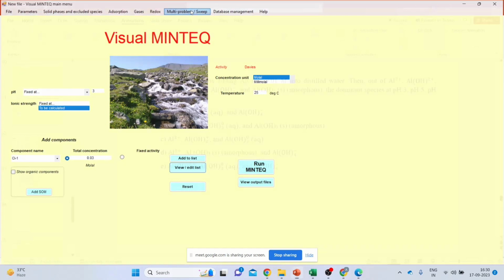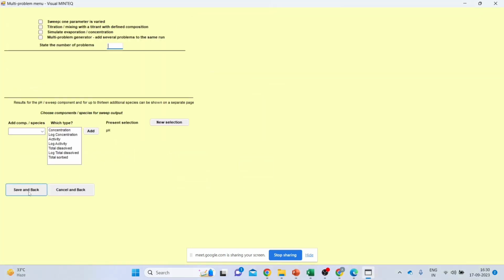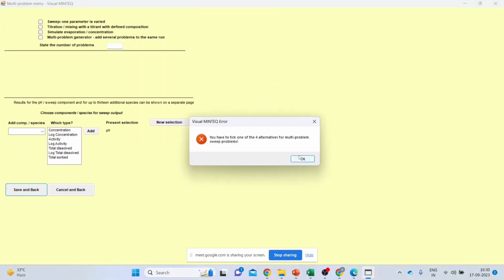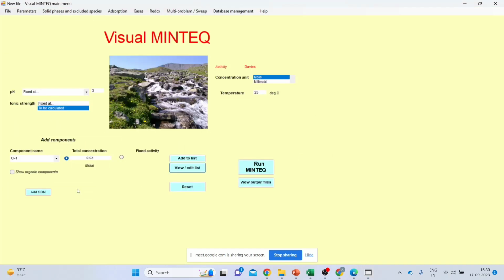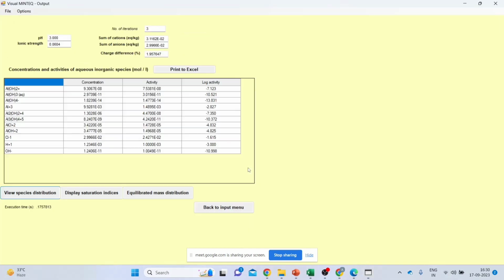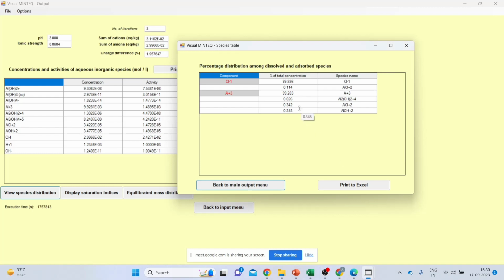Sorry. So let's see the species distribution from here. We have fixed the pH at 3 and we have already added the aluminium and chloride in the previous question, and I have solved from there only. So we can see that 99.283% is Al3+. So at pH 3 the dominant form is Al3+.